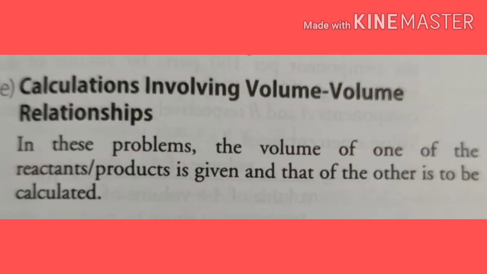Now the next is calculation involving volume-volume relationship. In these problems, the volume of one of the reactant or product is given and that of the other is to be calculated. For this we take one example.